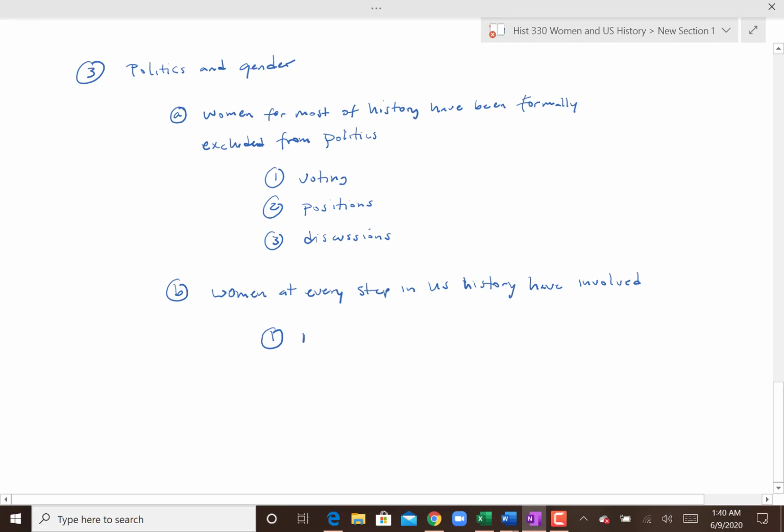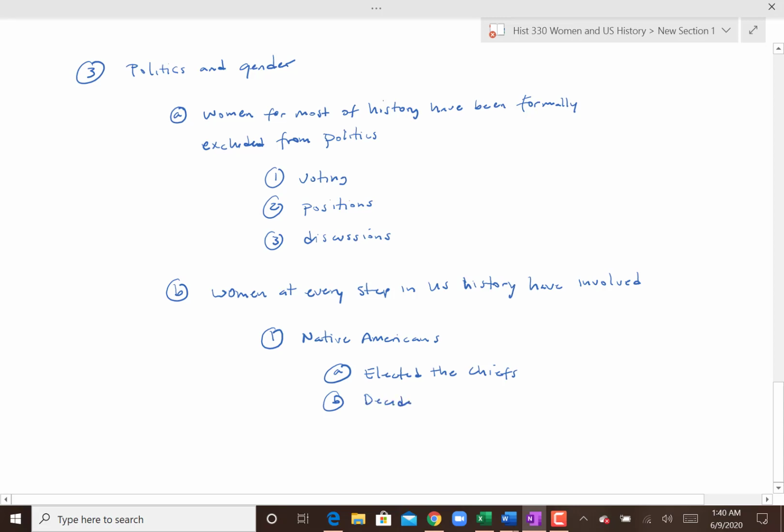You could go all the way back with Native Americans and look at women there. And what you would have is that women, they were the ones that elected the chiefs in a lot of the tribes. They were the ones that were responsible for that.